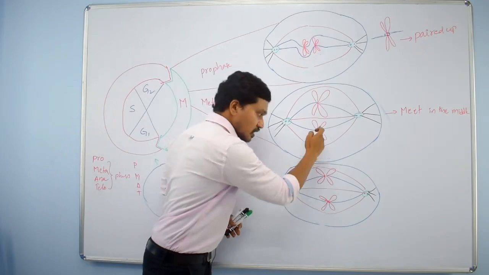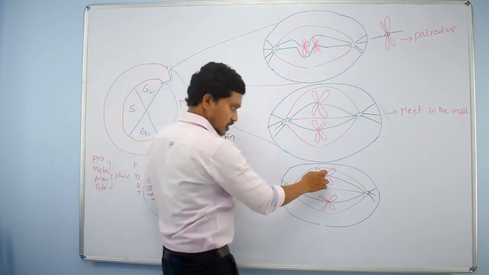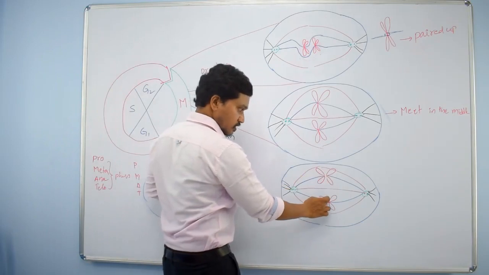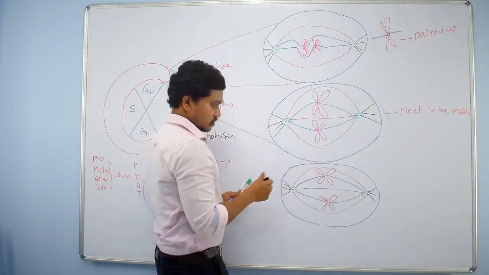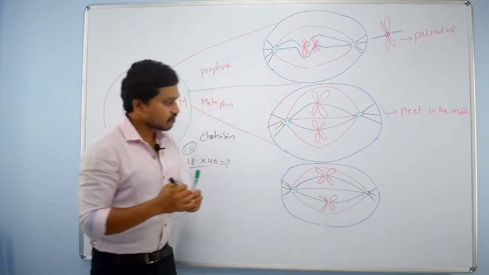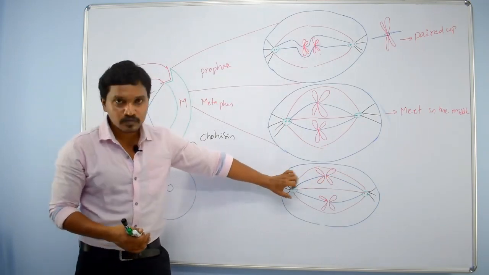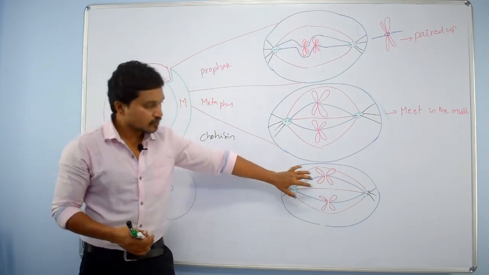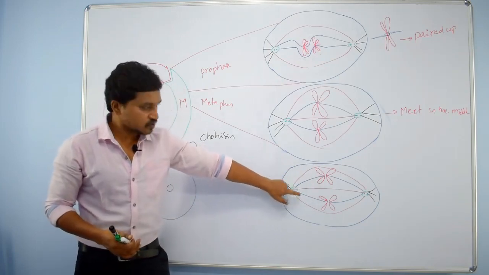Longitudinally means longitudinal to the chromatids. So here splitting and here splitting, right? So they have split, and after splitting there will still be contraction because of the contraction of these kinetochore microtubules.